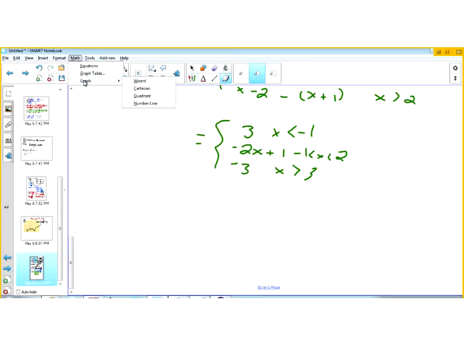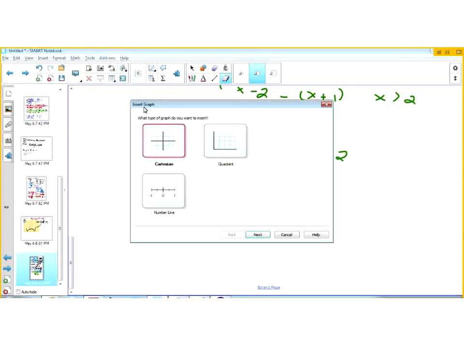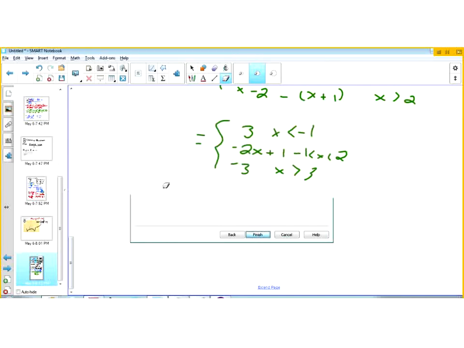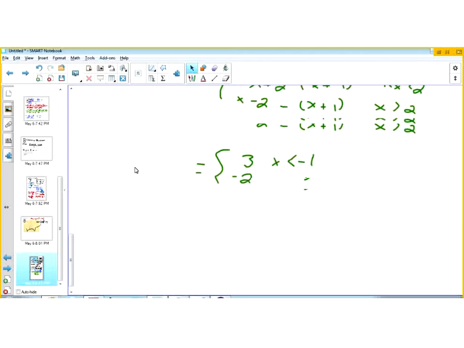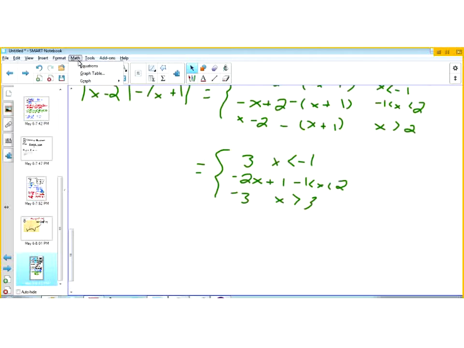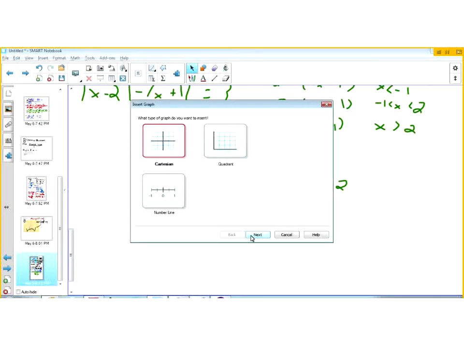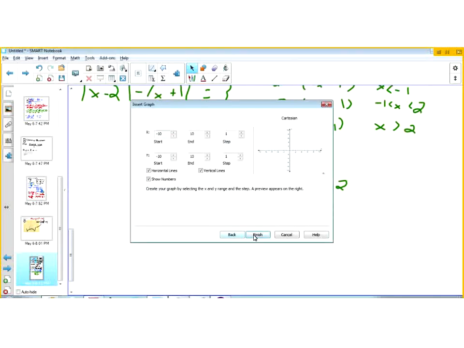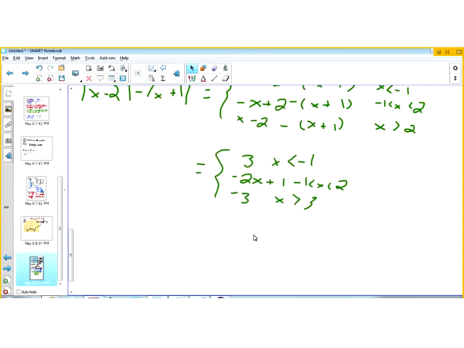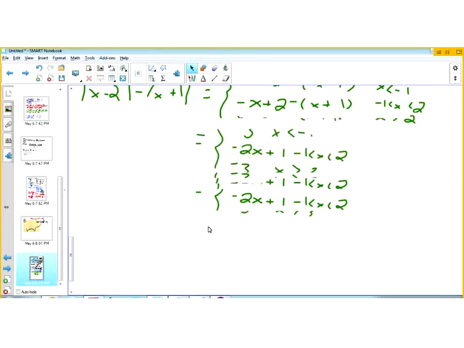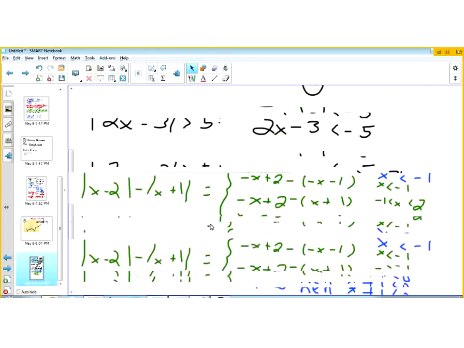Here's my graph. The graph didn't show. Well, try it again. Not showing my graph.